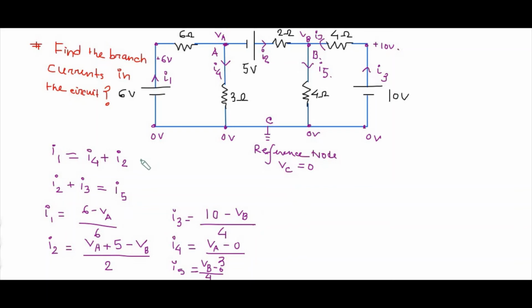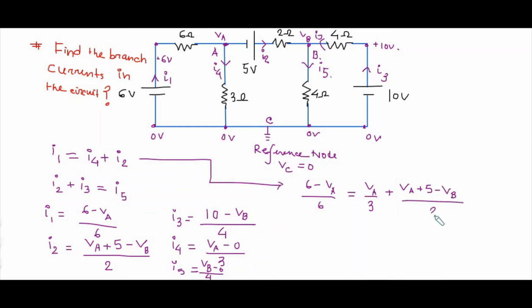Now using the equation I1 equal to I4 plus I2, let's substitute. 6 minus VA upon 6 equal to I4, which is VA upon 3, plus I2, which is VA plus 5 minus VB by 2.